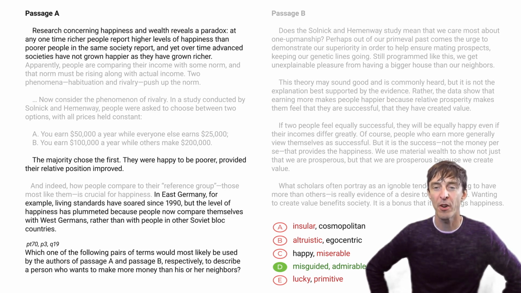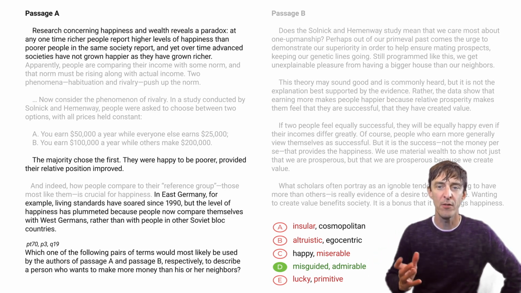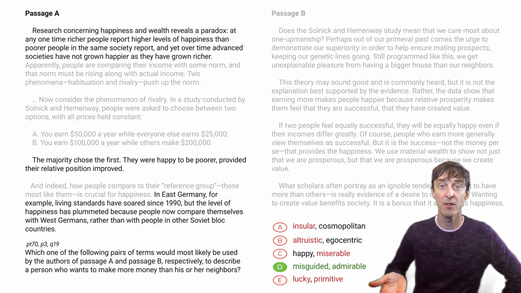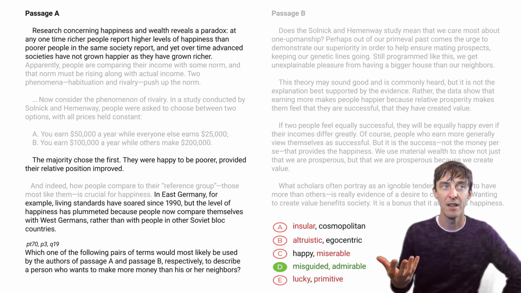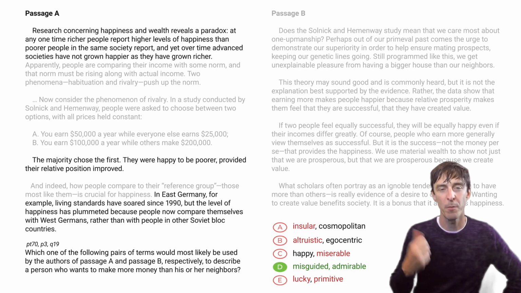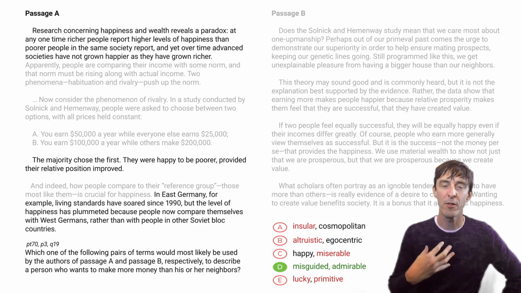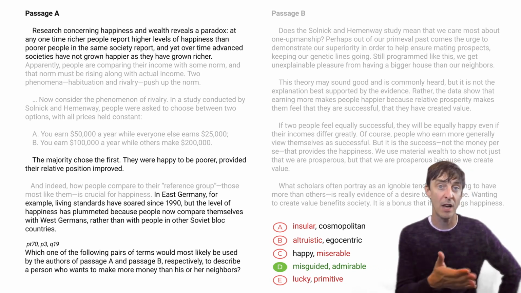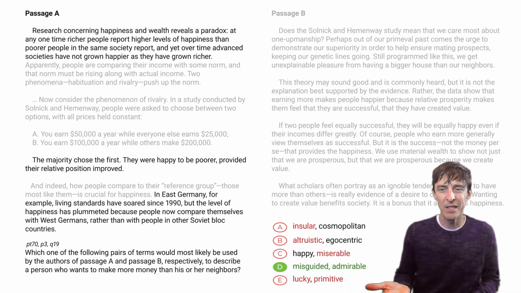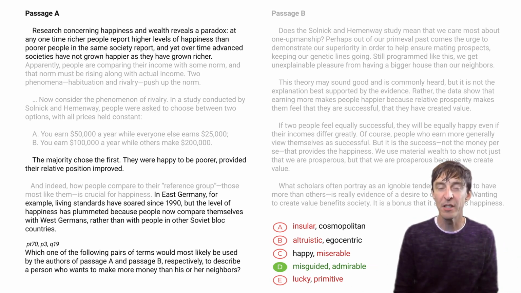And then in the last paragraph, she's saying that even though East Germany was seeing their living standards rise a lot, they actually were unhappy because they were comparing themselves to West Germans rather than just comparing their own situation to how it used to be. So is this misguided? It's not really great support, but it is the best available answer.